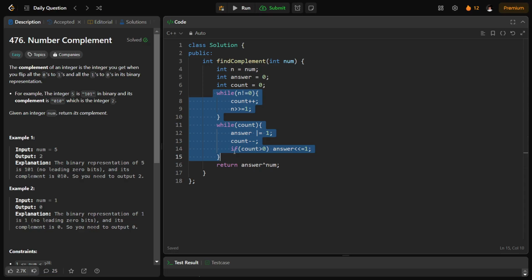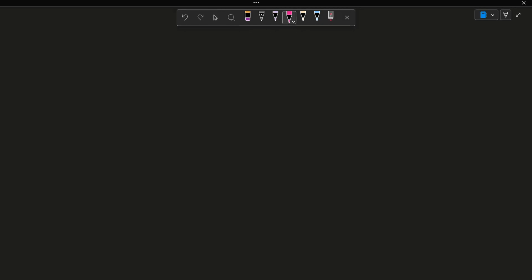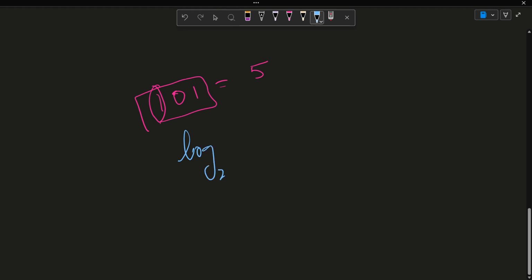So let's look at what the exact solution is. If you look at 101, which is 5, how many iterations did it take in the while loop for calculating the position of the most significant one? If you do a log operation, log base 2 of 5 is somewhere between 2 and 3.